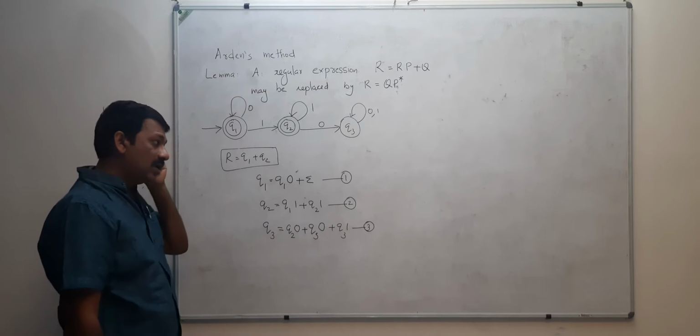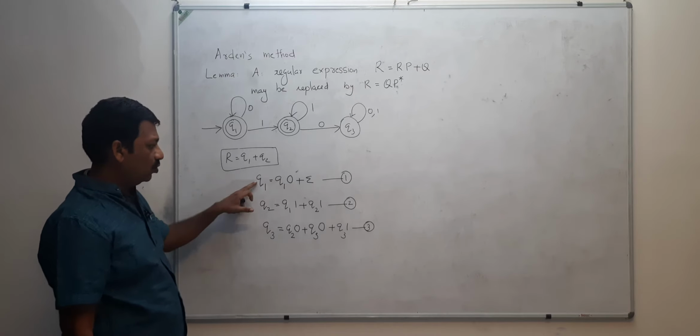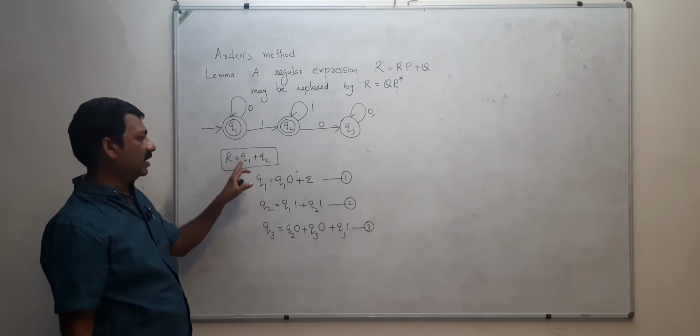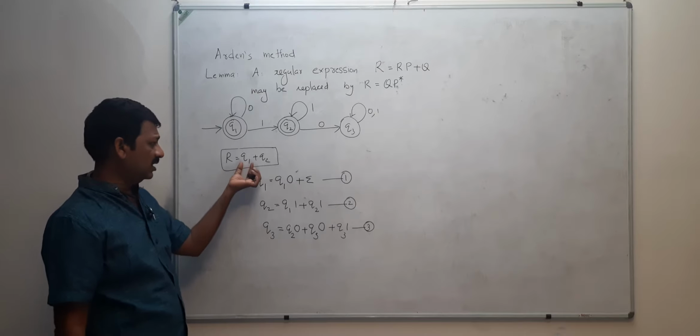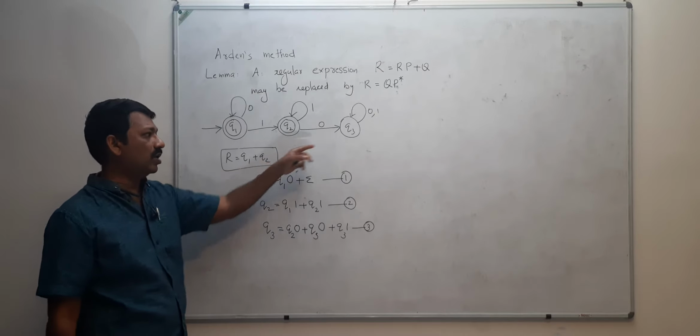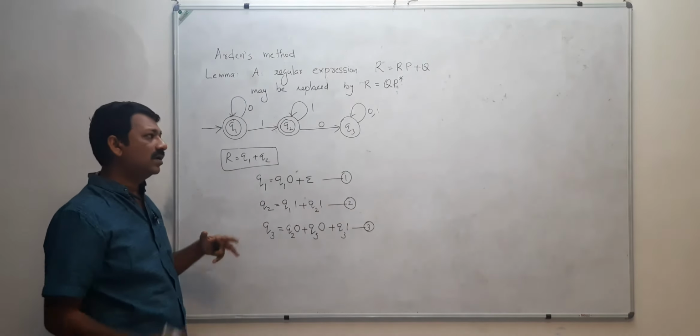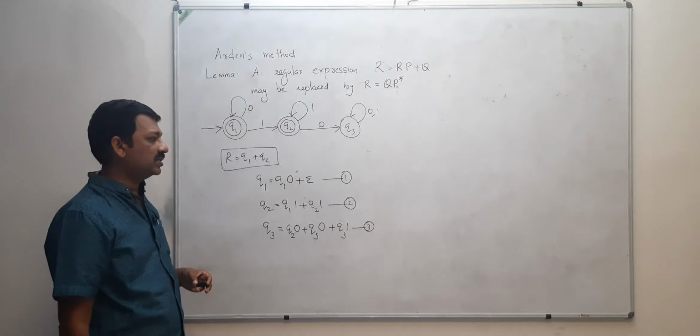That means now you have Q1 or Q2. The final expression is Q1 or Q2. As Q3 is not a final state, there is no need to reach there.